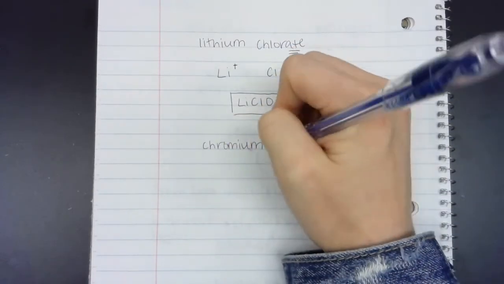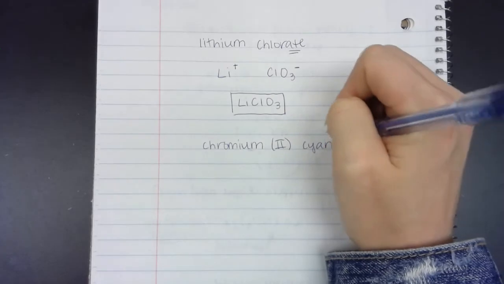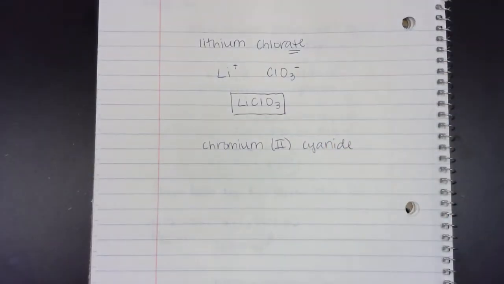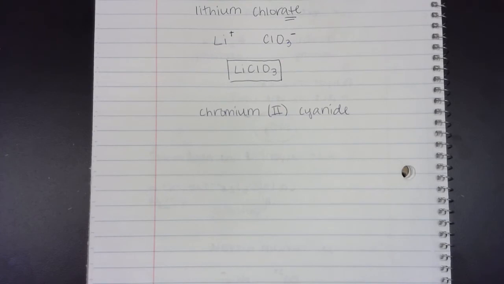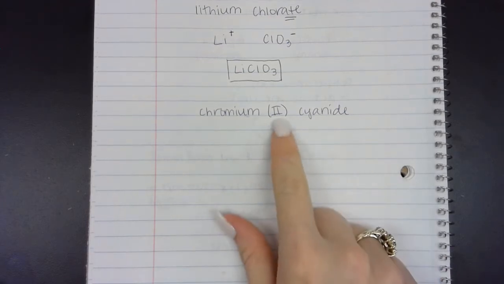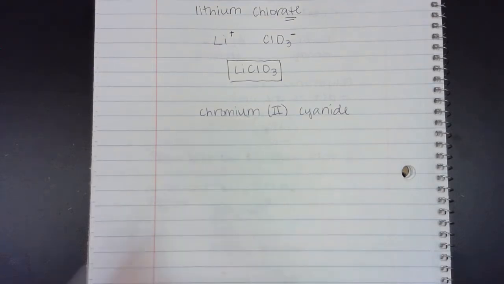chromium. All right, now we've got chromium(II) cyanide. Okay. Do y'all remember what this Roman numeral 2 means? Not how many chromiums there are, but it does tell us something about chromium.